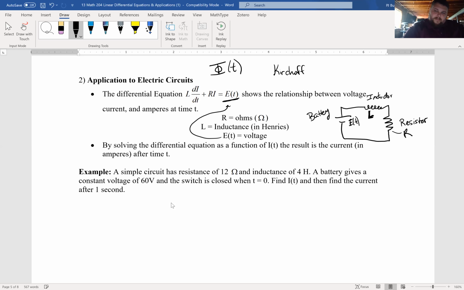Now, notice it does say E of T. So in the real world, voltage deteriorates over time. If you have a battery, that doesn't last forever. But if you do have a power source like a wall outlet, then that can be constant.